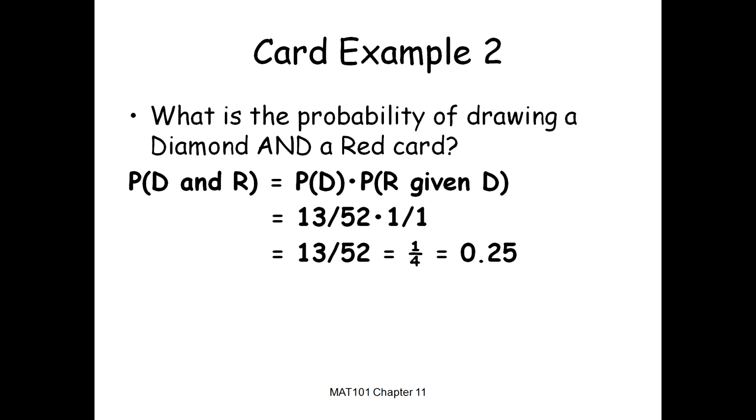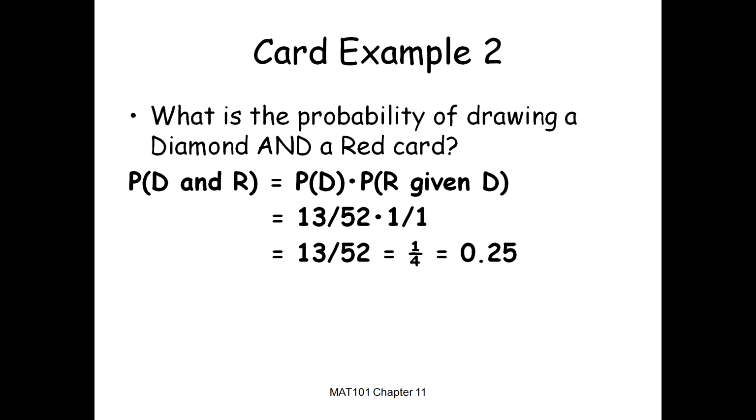Similarly, what is the probability of drawing a diamond and a red card? Well, diamonds are red cards, so the probability of drawing a diamond and a red card is the same as the probability of drawing a diamond times the probability of having a red card given that you've already drawn a diamond. Once again, the probability of drawing a diamond is 13 out of 52. There are 13 diamonds in the deck.